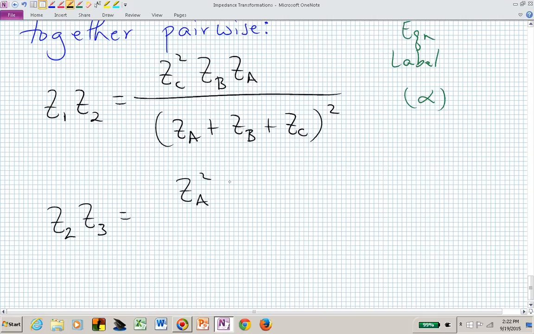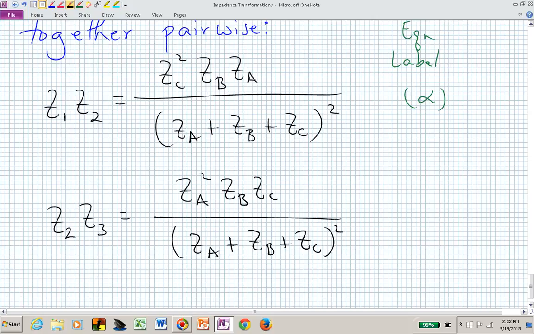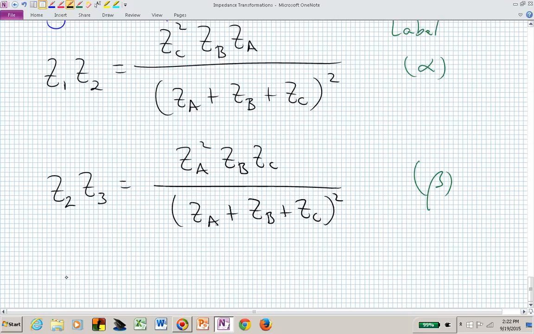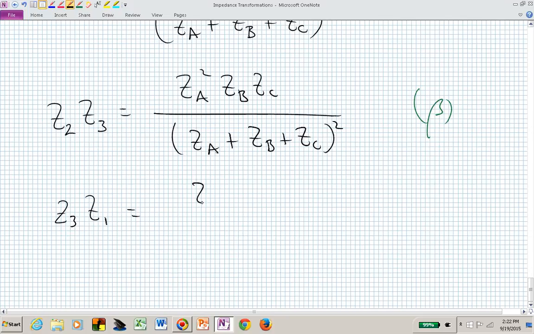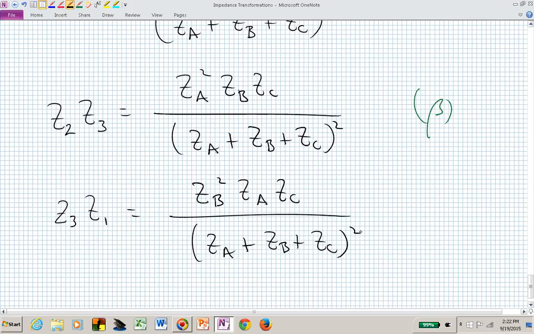I won't scroll back, but that becomes Z sub A times Z sub B, Z sub C. The denominator is going to be the same as the previous product. That's now my beta equation. And my gamma equation is now going to be Z sub 3 times Z sub 1, which is now Z sub B squared, Z sub A, Z sub C, all over the same denominator.